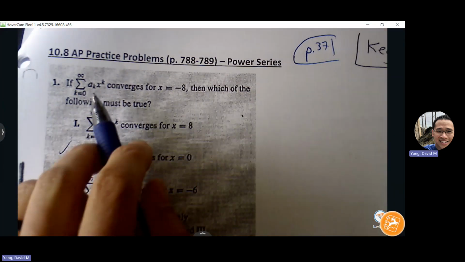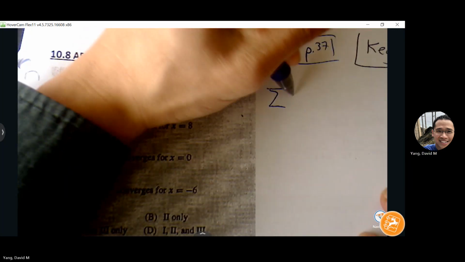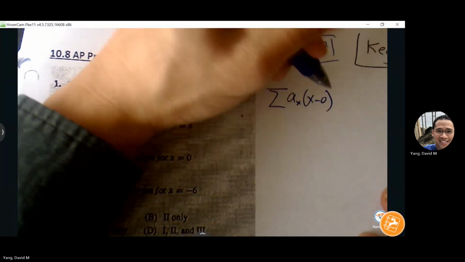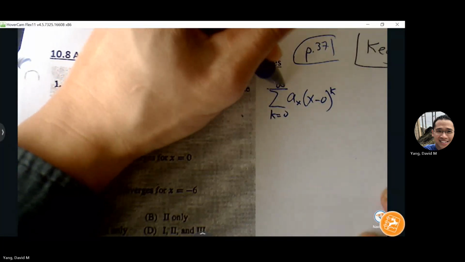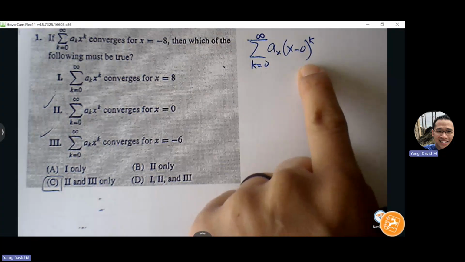So if this series converges, we know there's a hidden zero there, right? We know that the series will always converge at its center. We know the center is at 0.